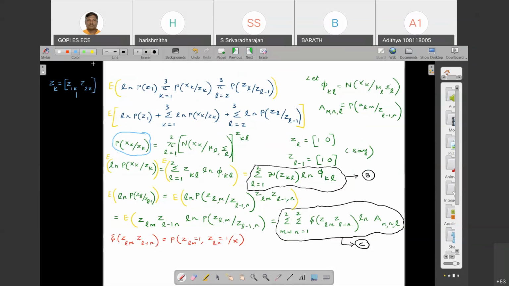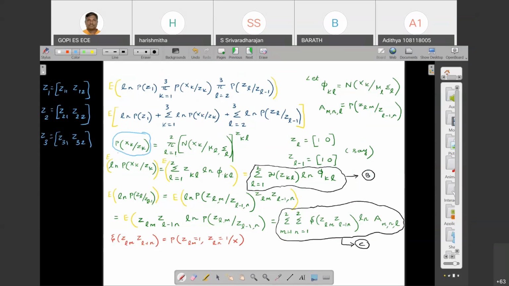Let me write it explicitly for z1 and z2. z1 means z11, z12, and z2 means z21, z22 as usual. Of course, we can have even z3, which means z31, z32.